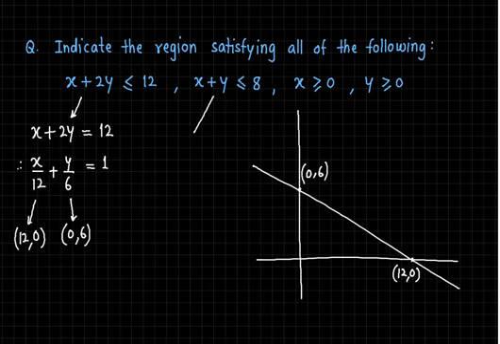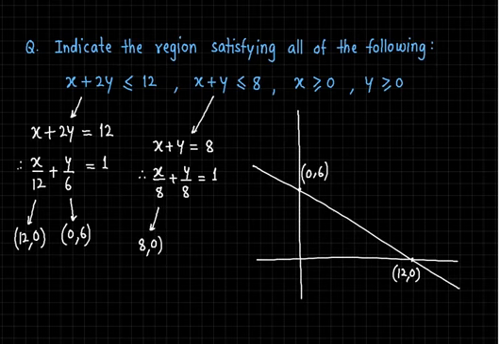Alright, then let's consider the second line. Here also we first consider the equality, that is x plus y equal to 8. Since the coefficient is the same for x and y, we get x by 8 plus y by 8 equal to 1. So clearly 8, 0 and 0, 8 are the 2 points on the line.